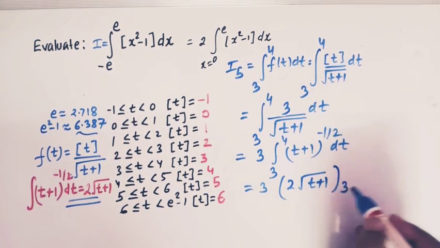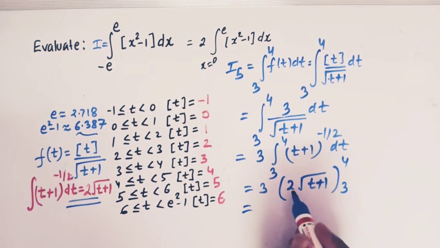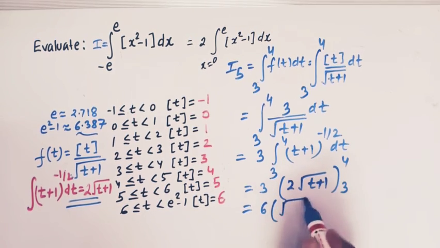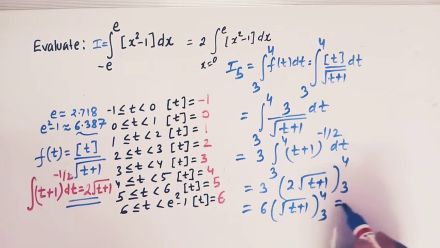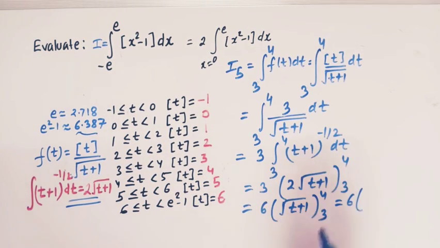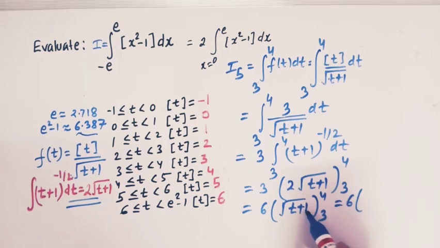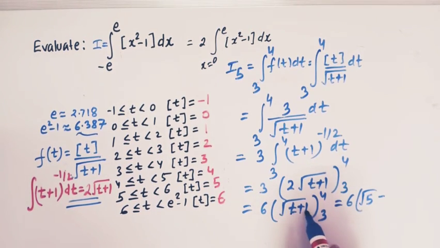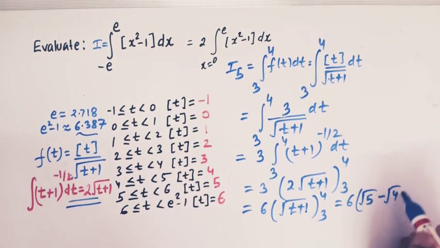The limits are from 3 to 4, and taking this 2 outside, we'll have 6 here, and square root of t plus 1, and the limits are from 3 to 4. Substituting the limits, here we'll have 4 plus 1, 5. So here we'll have square root of 5 minus 3 plus 1, which is 4, square root of 4.